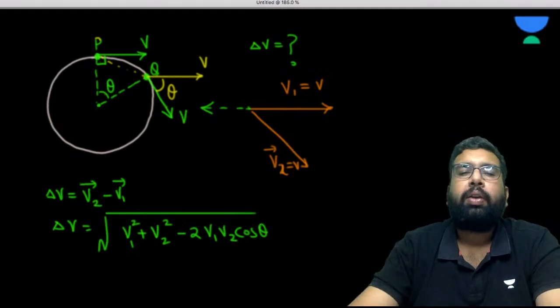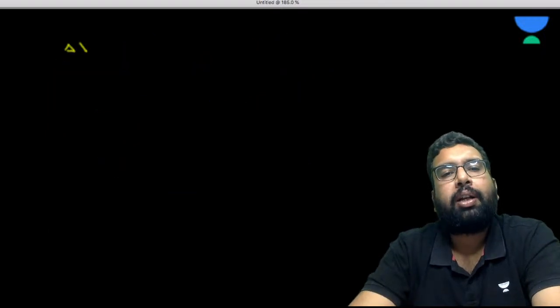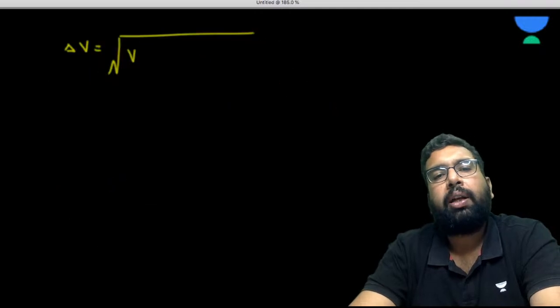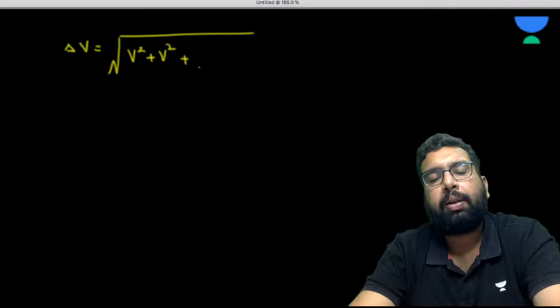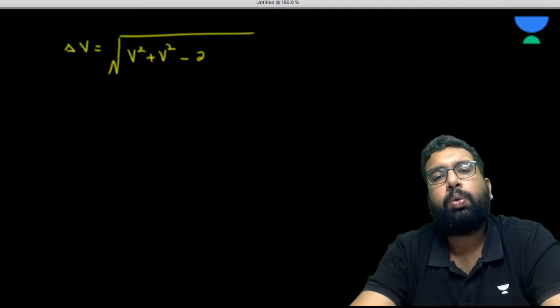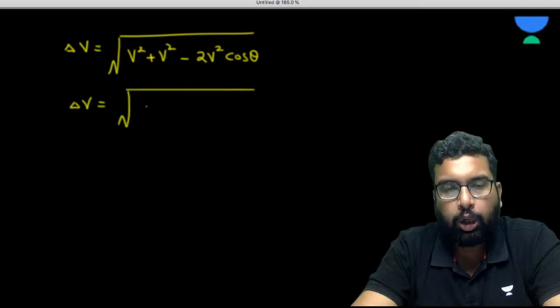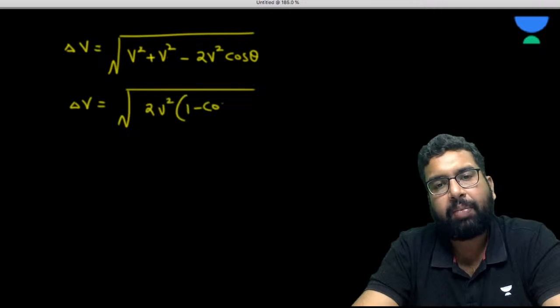Now if I put the values, the change in velocity is root over V1 is V, square V square, V2 is V square, minus 2V square cos theta. So can I write the change in velocity is equal to root of 2 times V square into 1 minus cos theta?